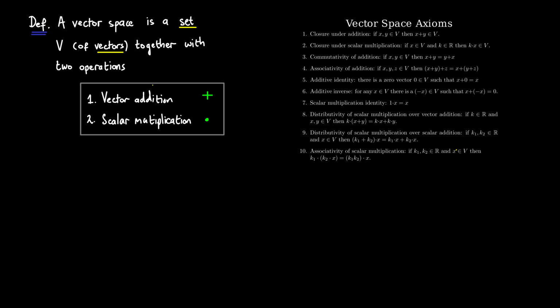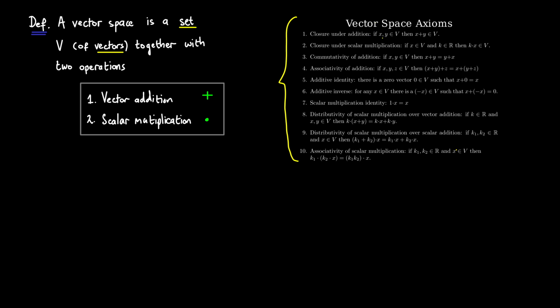But it's not just a set. It's a set together with additional structure, and that structure is given here in the gray box, particularly a vector addition and a scalar multiplication. Now, what does that mean? Well, it just means that these two operations satisfy these 10 axioms over here.